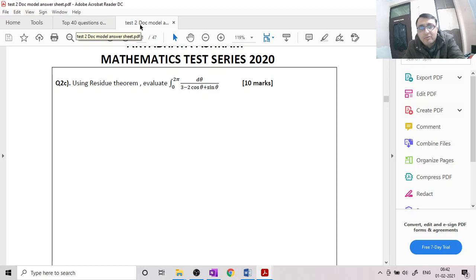So here alpha is 3, beta is minus 2, and gamma is 1. So your answer is 2 pi under root 9 minus 4 minus 1, that is 2 pi under root 9 minus 5, that is 2 pi under root 4, that is 2 pi by 2, that is pi. That is the answer that you get.